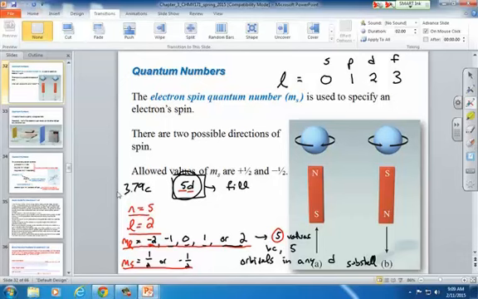So I could fit 2 electrons in there. So I could have 2 electrons in the atom that have n equal 5, L equal 2, ML equals -2. But they can't both have the same value for MS.